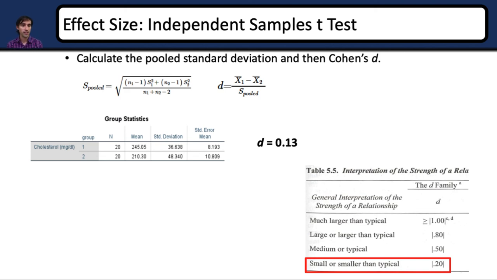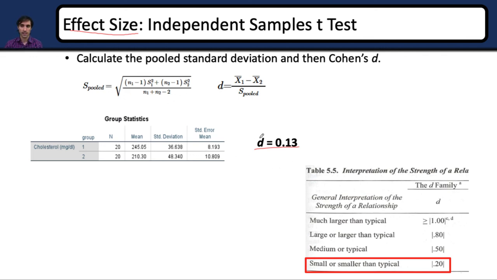All right, we calculate the effect size, and what we have here is a little different equation, but we find our d right here. So there actually is not much of a relationship between the two. This is just adding another part of statistics, which is the effect size.